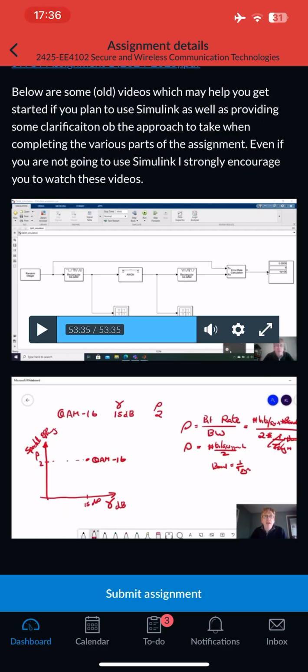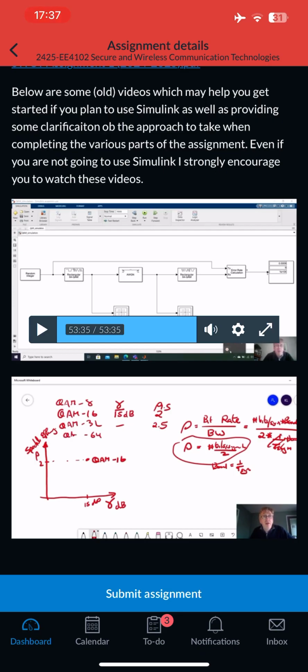Remember that for QAM, the spectral efficiency is the number of bits per symbol, which is different for each QAM, divided by 2. QAM16 is 4 divided by 2. QAM32 will be 5 divided by 2, that's 2.5. QAM64 is 6 divided by 2, and so onwards. For QAM8 you'll get some value by means of your simulation for the power efficiency threshold, and the spectral efficiency will be 1.5.